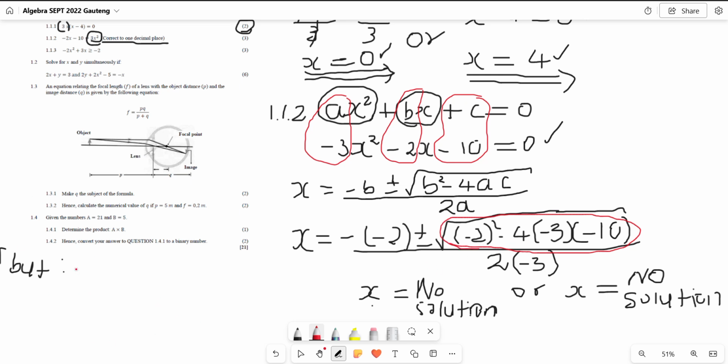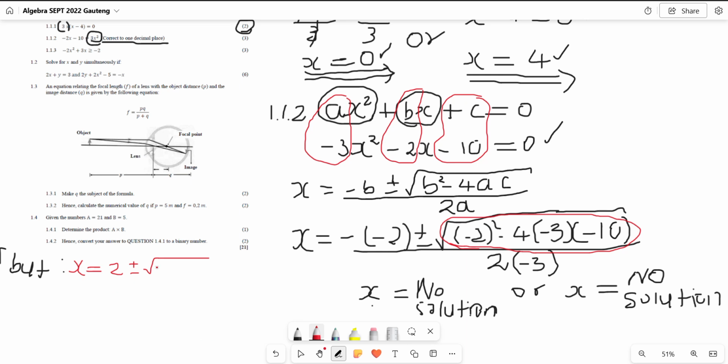Now we go further to say x is equal to the negative multiplied by negative here. Negative multiplied by negative, we have positive 2 plus and minus the square root. Then we put everything that we have under the root there, negative 2 squared, minus 4, open bracket, negative 3, open bracket, negative 10, close bracket.